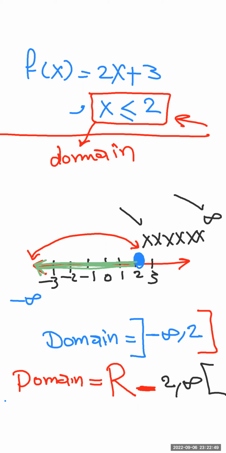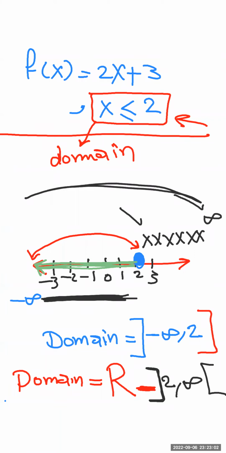No. Then it's open from the side of 2. So the domain equals this area, or all real numbers except this part. Okay, clear? Any questions, guys?